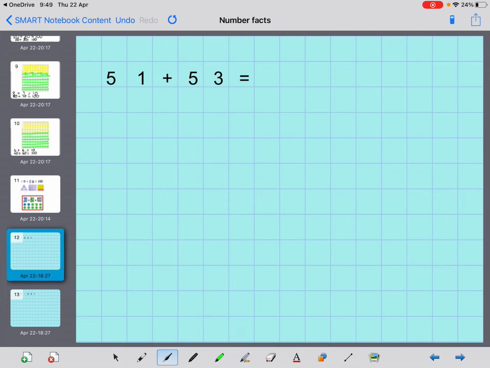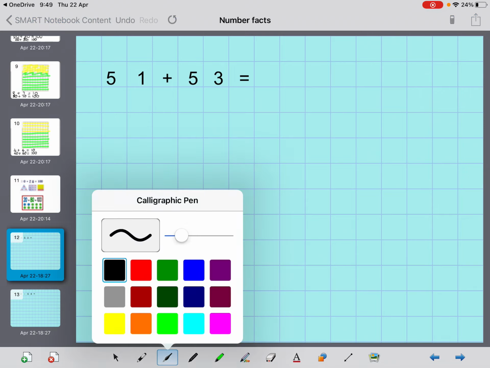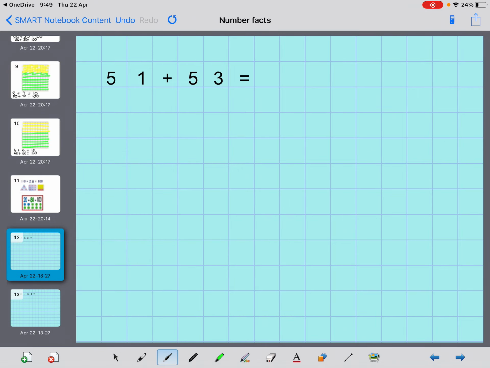So for example here, before I even add these two numbers together, I know that 5 and 5 make 10. So I know that 50 and 50 are going to make 100. And then I have some ones to add on. So I know that my answer is going to be close to 100. 50 and 50 make 100, and then 1 and 3 make 4. So my answer is 104.